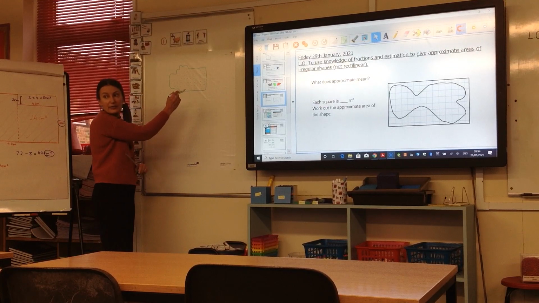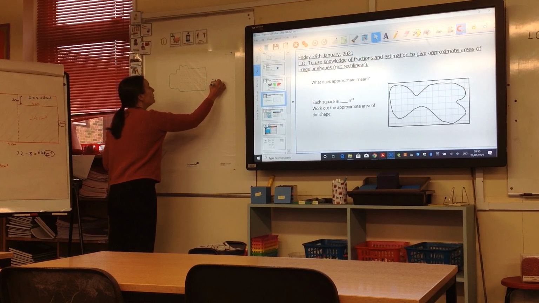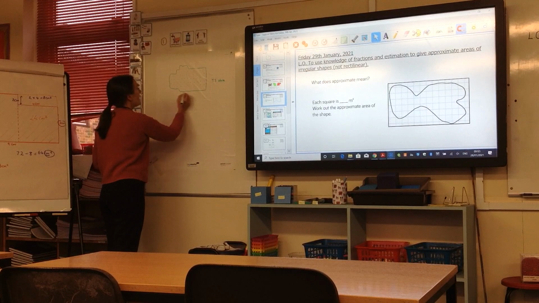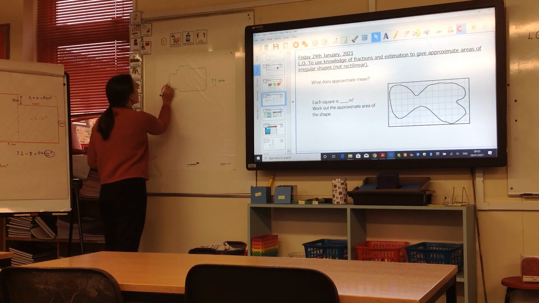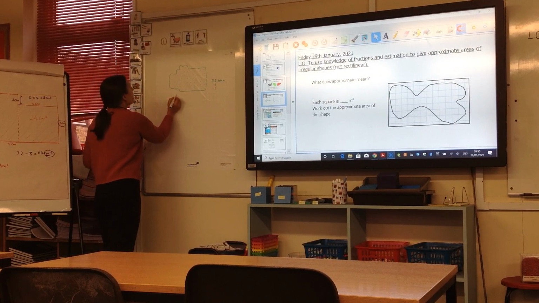How many did you have? 55. So we've got 55 whole squares. And then we can start adding up, and that one will be another 1. That one and that one would make another 1. So you can keep on going around your pond and then total it. This one and this one would make another whole.